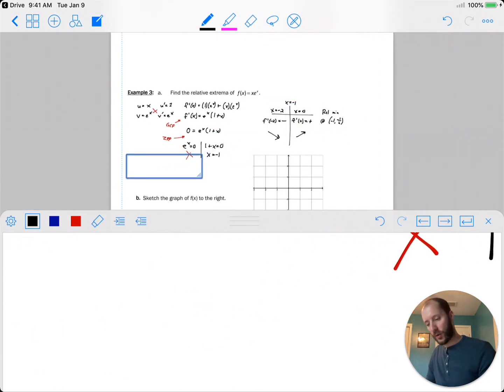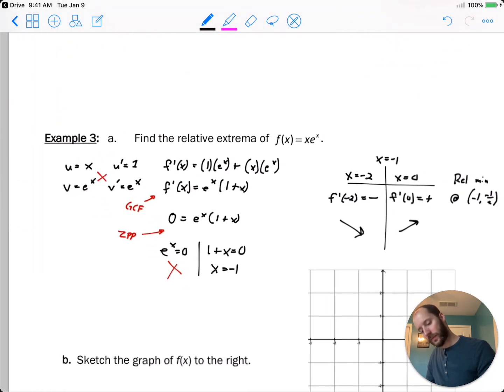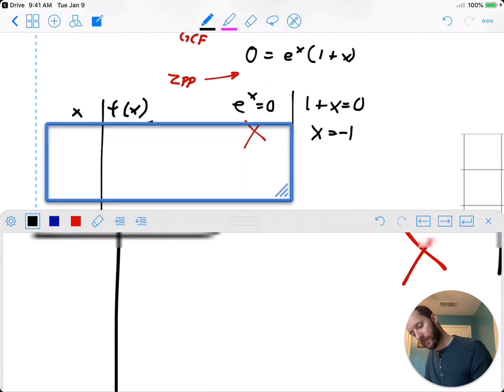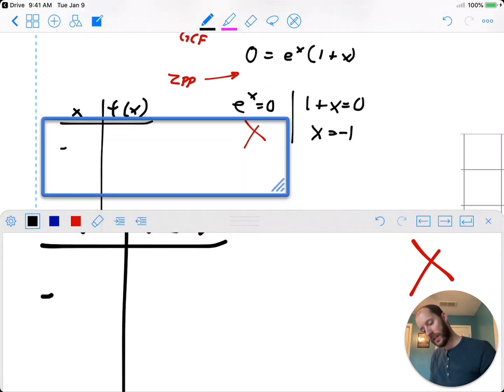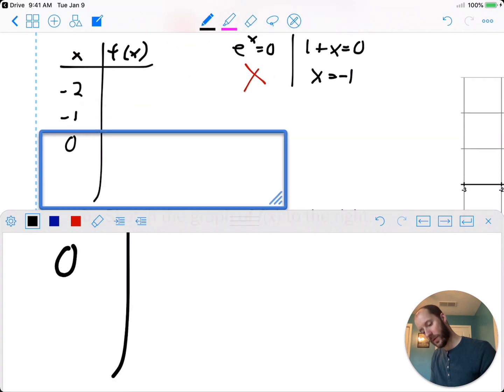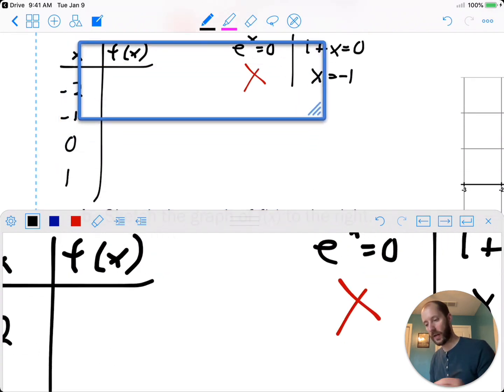Then sketch a quick graph, so get a quick table of values. So x and f of x. Let's go -2, -1, 0, and 1. If I need more, I'll make more. So let's plug these values into our original function.